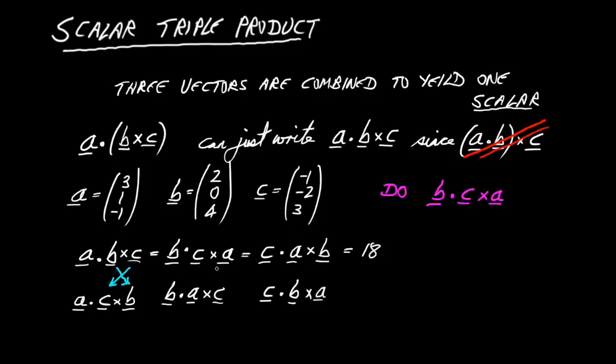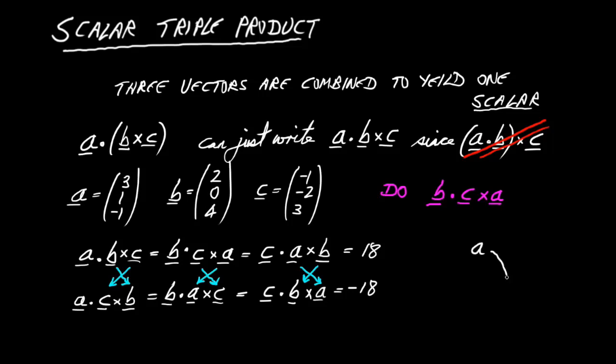I've just swapped the order of the cross product, and we know that when we swap the order of a cross product, we introduce a minus sign. So if the top 3 cases were equal to 18, the bottom 3 cases must be equal to each other and equal to -18.